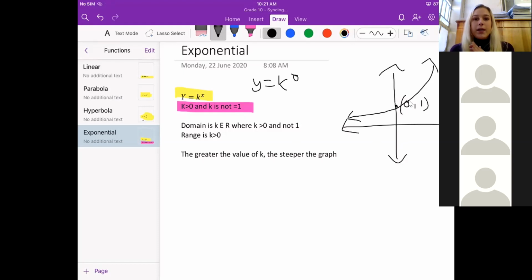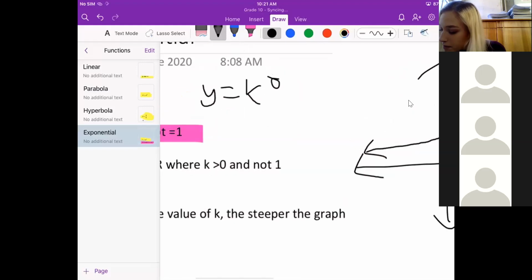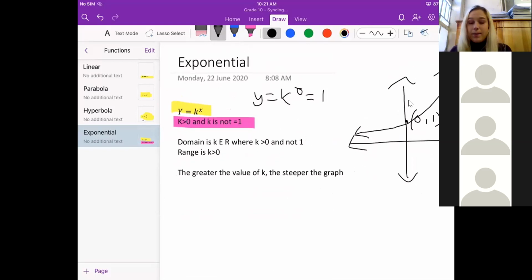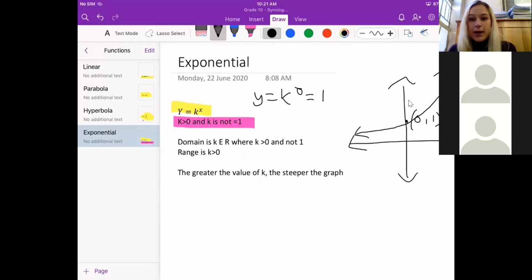Because of our exponent laws, we know that anything to the 0 is equal to 1. So when x is equal to 0, y has to be equal to 1. So we have (0, 1) in our exponential. Then the greater the value of k, the steeper the graph. As k gets bigger, we're going to get a steeper graph.